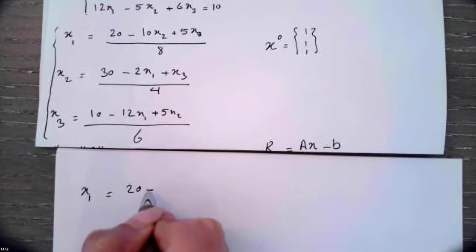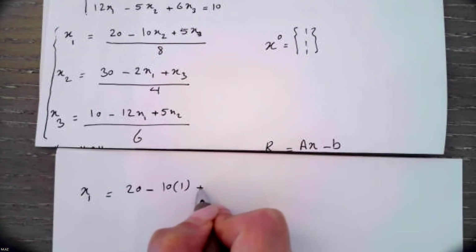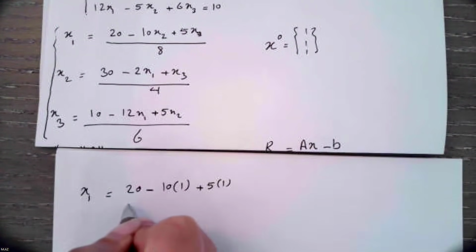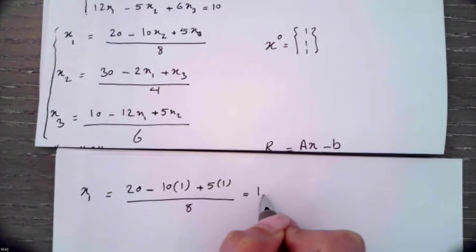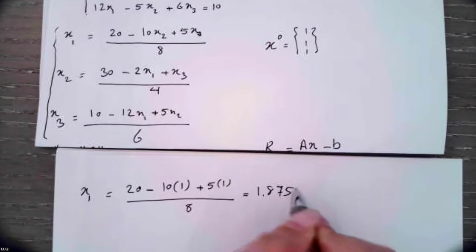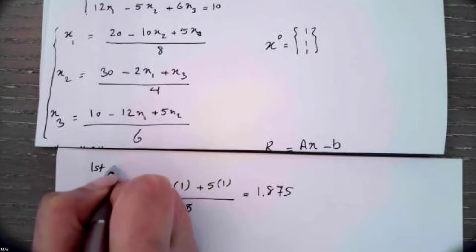20 minus 10 times 1 over 8. This is 1.875. This is the first iteration.